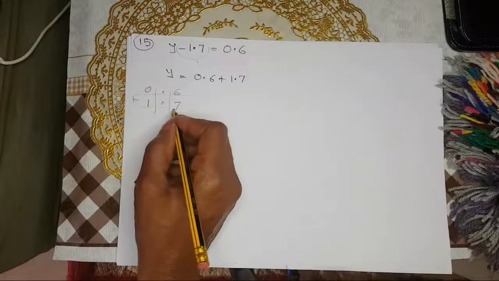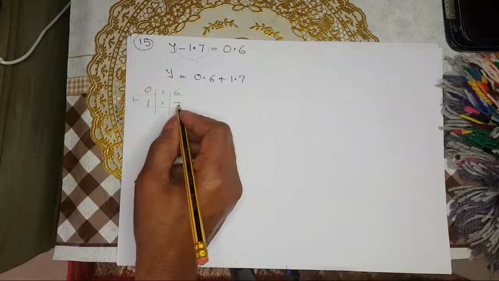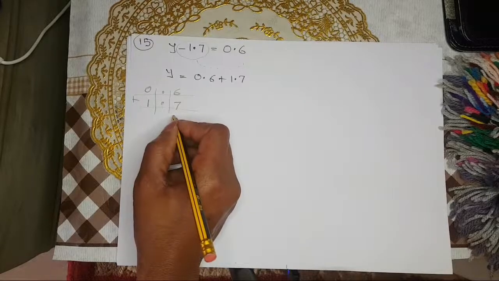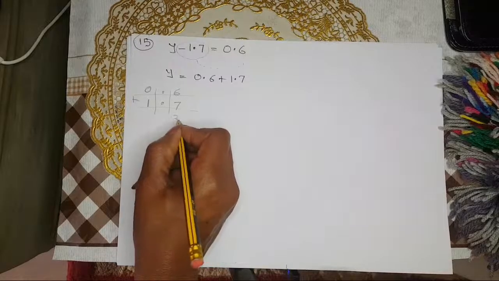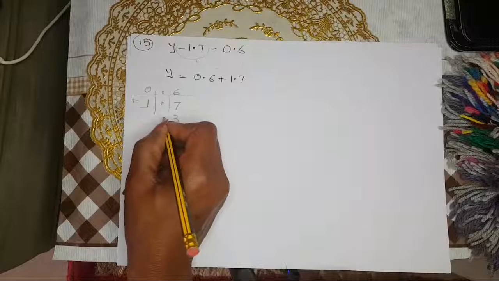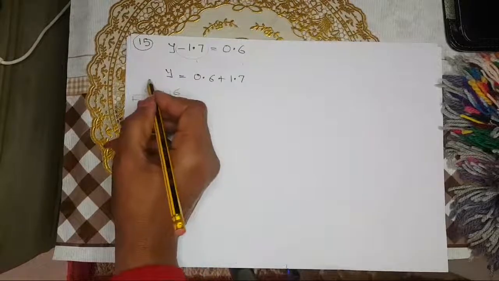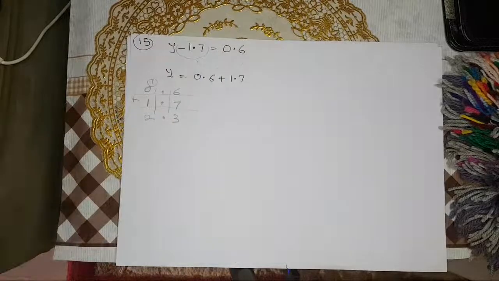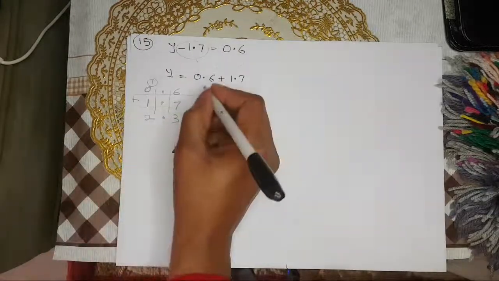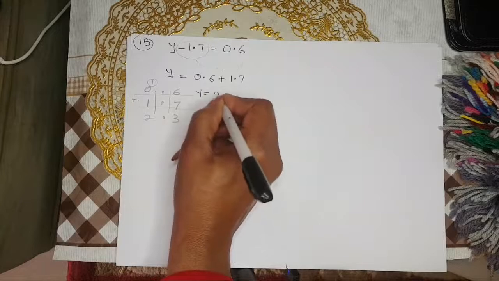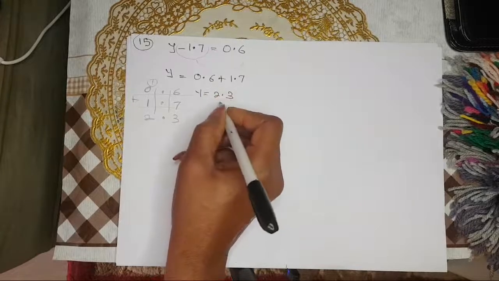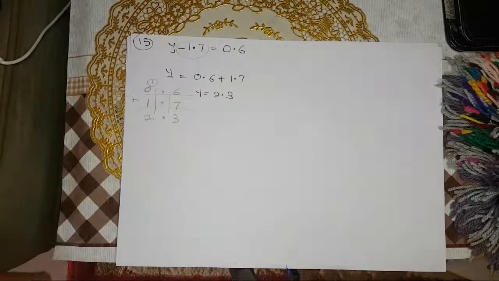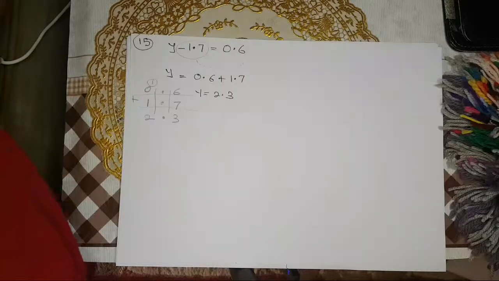That's how you do it. 6 plus 7 is going to give you what? 13. You bring down the dot, up here 1. 1 plus 1 is going to give you 2. So the answer is what? 2.3. Y equals 2.3. And that's question number 15.